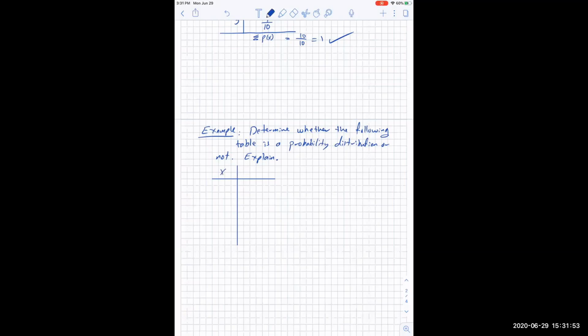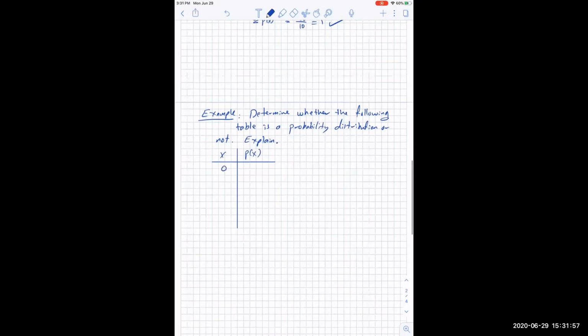X, P of X. 0, 1, 2, 3, 4. 0.15, 0.2, 0.37, 0.4, 0.05.